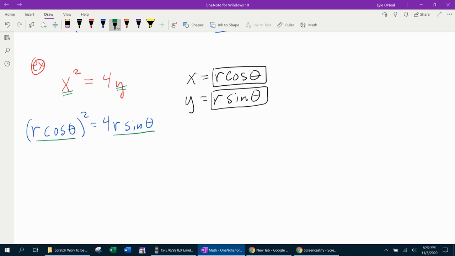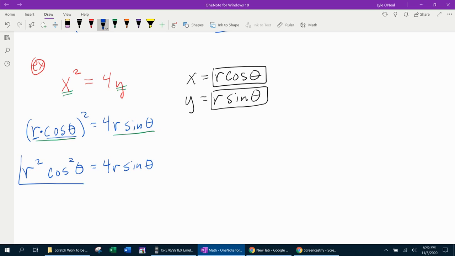Not that you really need to, but we are going to simplify this at least one step. Notice that these are two separate factors, the r and the cosine theta. And if you're squaring multiple factors, each factor gets squared. So that'll be r squared cosine squared theta equals 4r sine theta.